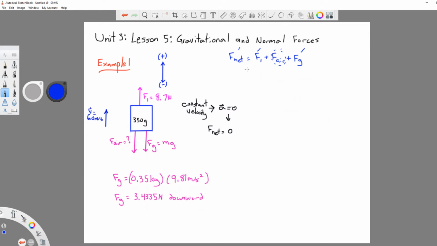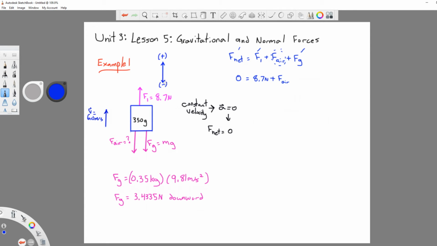So let's punch in some values and finish this thing off. Force net is equal to 0. Force 1 is 8.7 newtons. Force of air, we don't know, so we'll leave it as force of air. And the last one, force of gravity. It's acting downward.